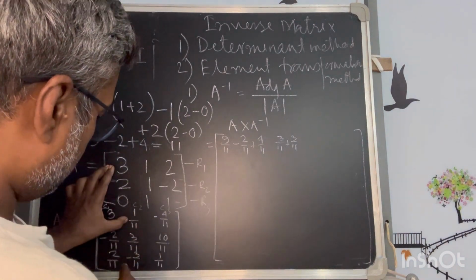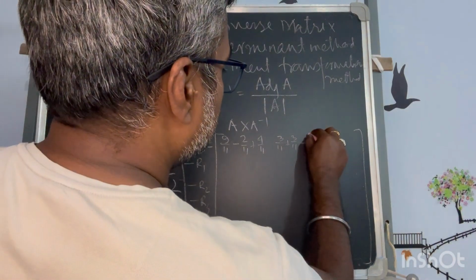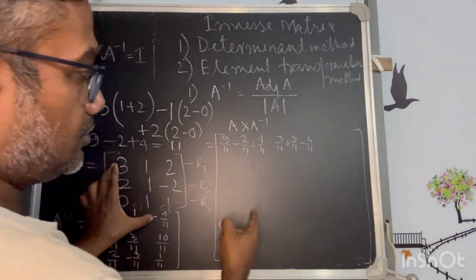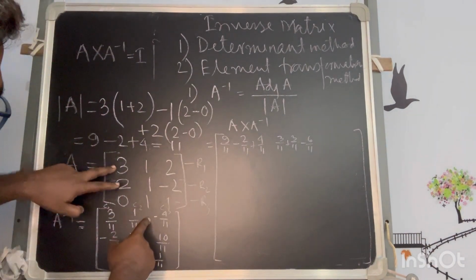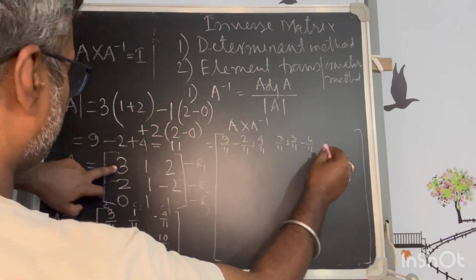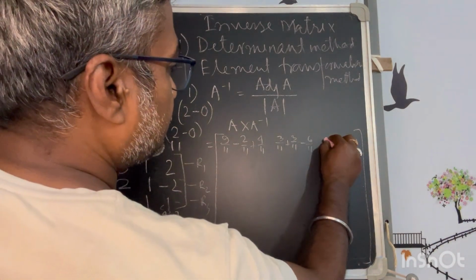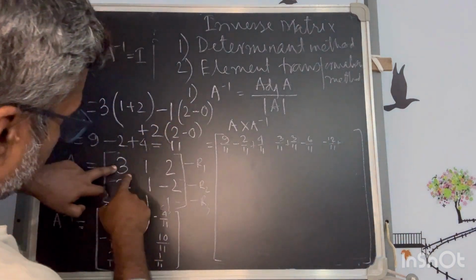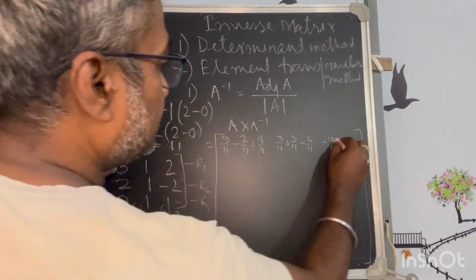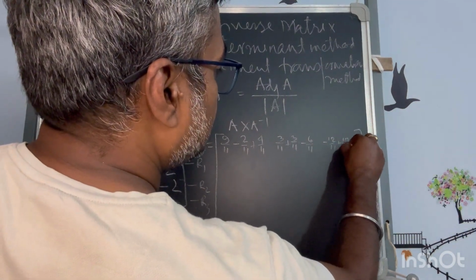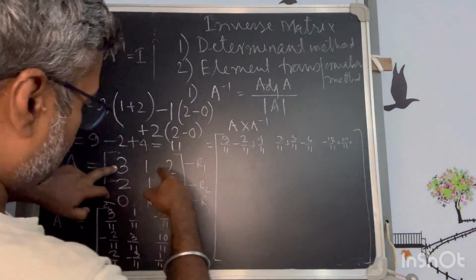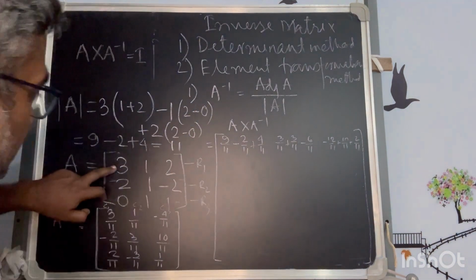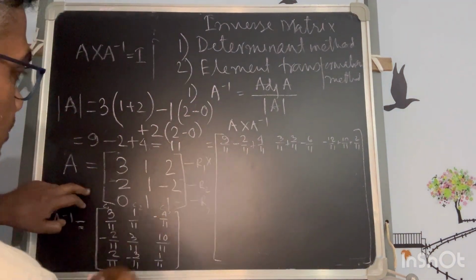Third one is 2 into this one, so minus 6 by 11. Okay, third term here. Okay, can you follow me? 3 into row 3, so that means 3 into minus 4, that is minus 12 by 11, plus 1 into 10 by 11, plus 2 into 1 by 11, that means 2 by 11. That is finished. So this is done.